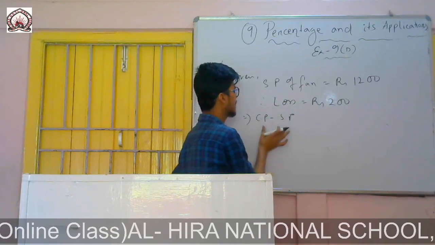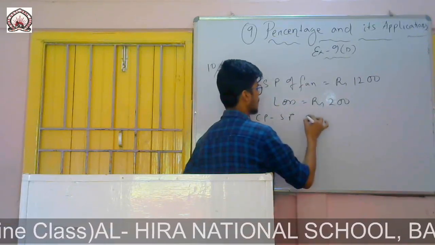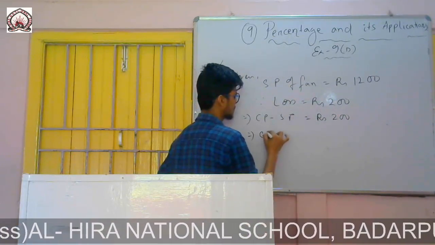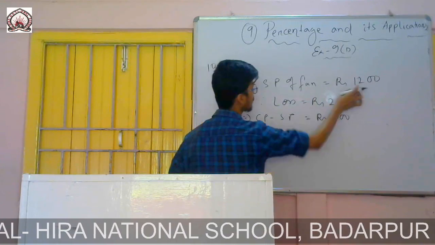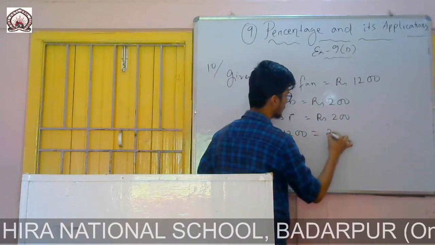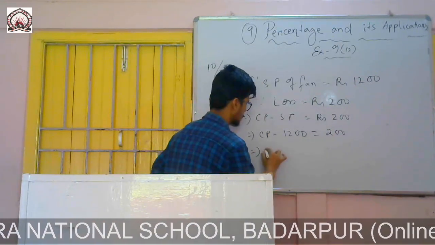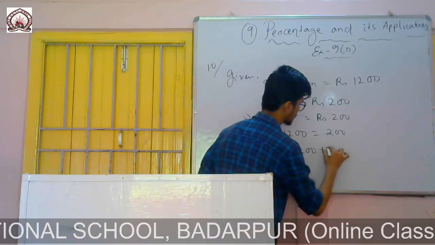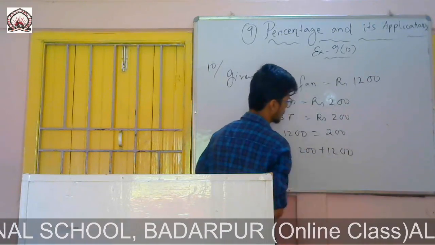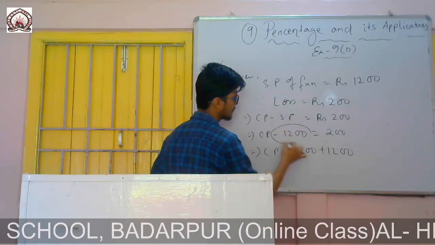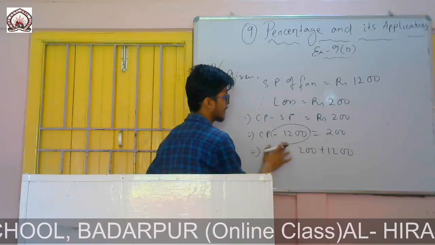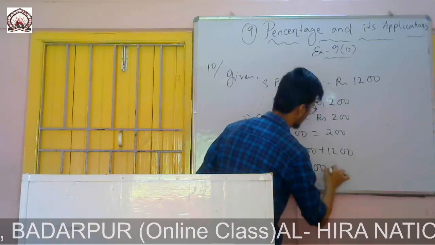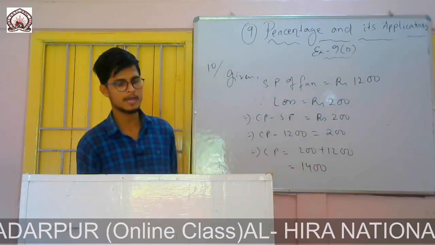So in place of loss I wrote CP minus SP, and it is given as rupees 200. So cost price minus 1200 equals 200. So CP will be equal to 200 plus 1200, if it changes the side, it will be plus 1200, which is equal to 1400. So this is the cost price.